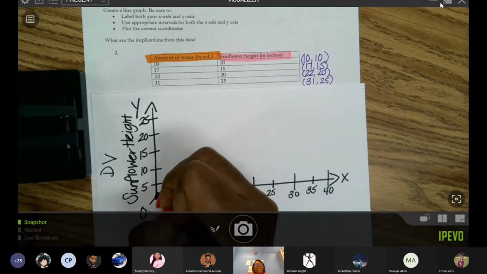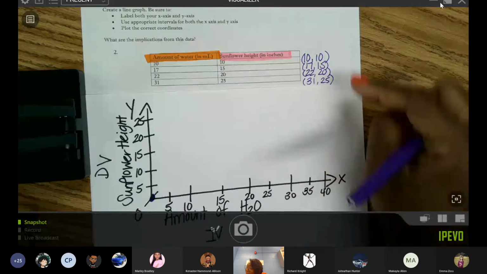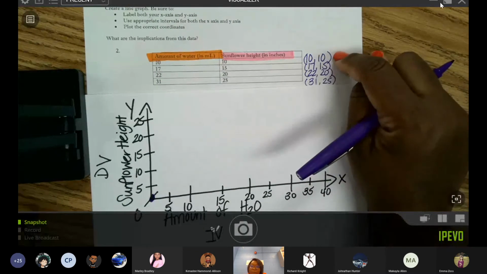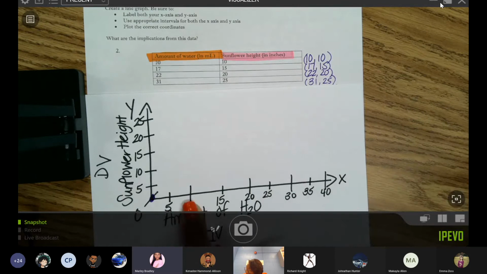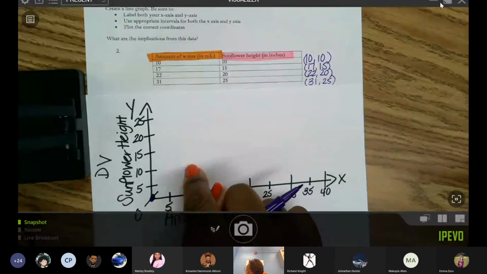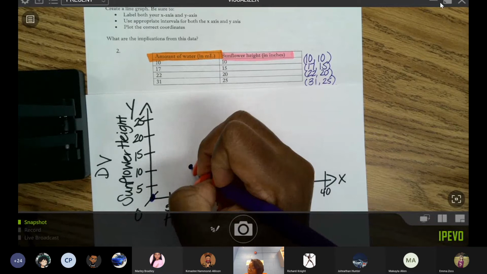That represents that plant didn't grow much at all in the beginning. But what's our second ordered pair here? 10, 10. I'm going to find 10 on my x-axis, 10 on my y-axis, and put a point where the two meet.